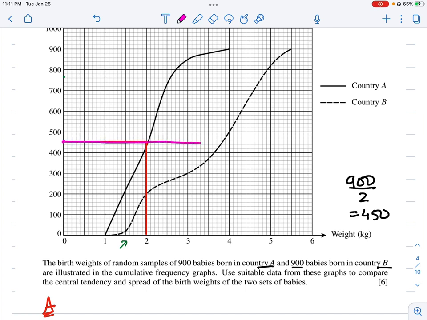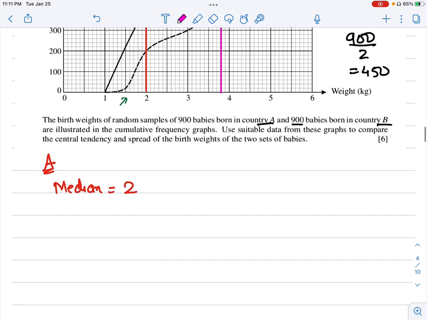Now country B, also 450. I draw a line and drop it down at 450. This is something around 3.8.